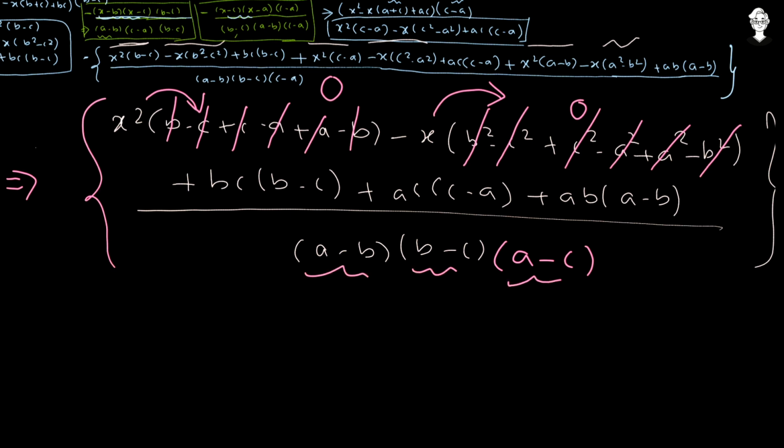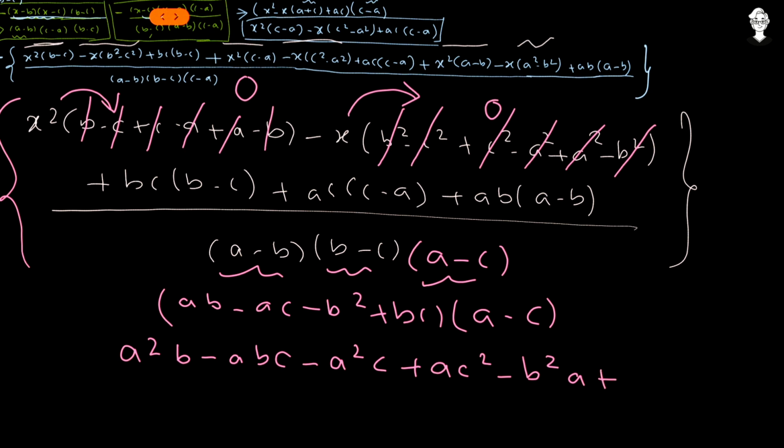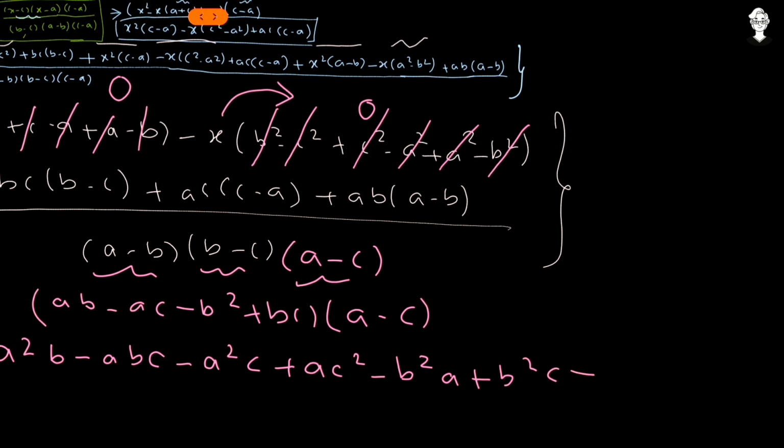So first of all I will multiply (a − b) into (b − c), so it will give me ab − ac − b² + bc, and this thing is getting multiplied with (a − c). Now if I open the bracket, I will get a²b − abc − a²c + ac² − ab² + b²c + abc − bc².